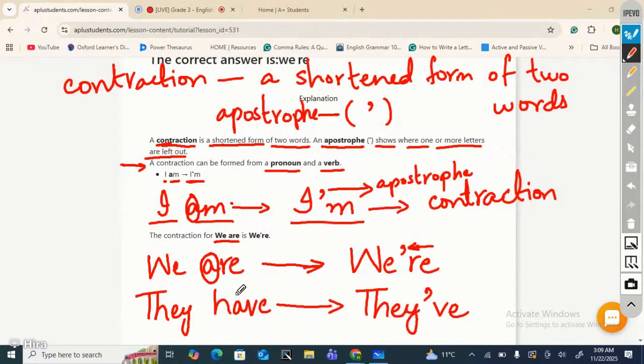So here we have left out two letters of the verb have, H and A. And in their place, apostrophe is added. And the use of apostrophe shows here two letters are left out to make contraction. They have becomes they've.